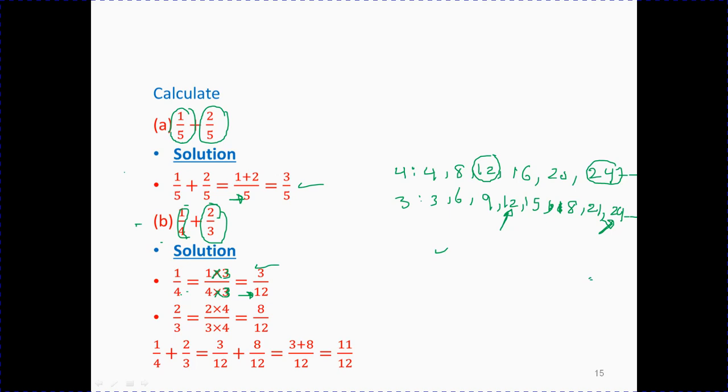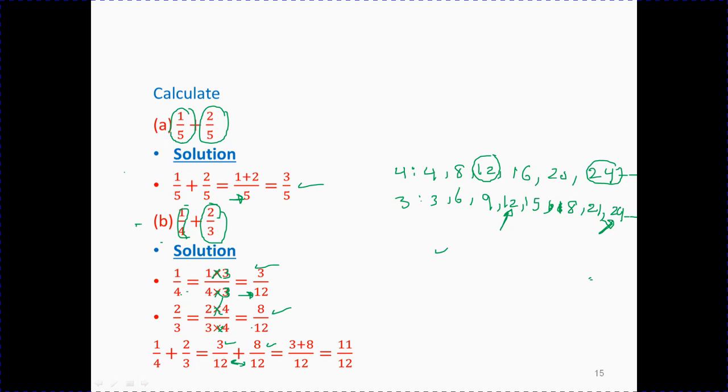The same thing can be done for 2 over 3. In order to get the denominator equal to 12, multiply by 4. Here I multiply by 4 and the numerator is also multiplied by 4, so it will be 8 over 12. So instead of 1 over 4 plus 2 over 3, I have 3 over 12 plus 8 over 12. They are equivalent fractions, but here I have the same denominator.